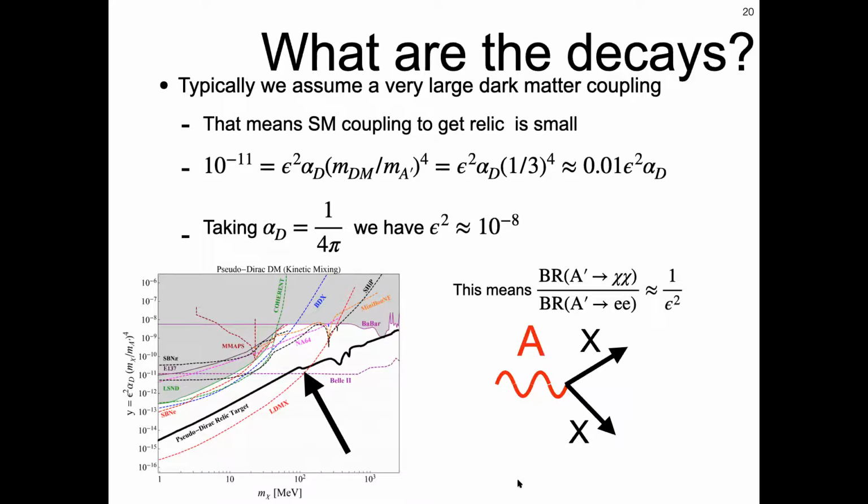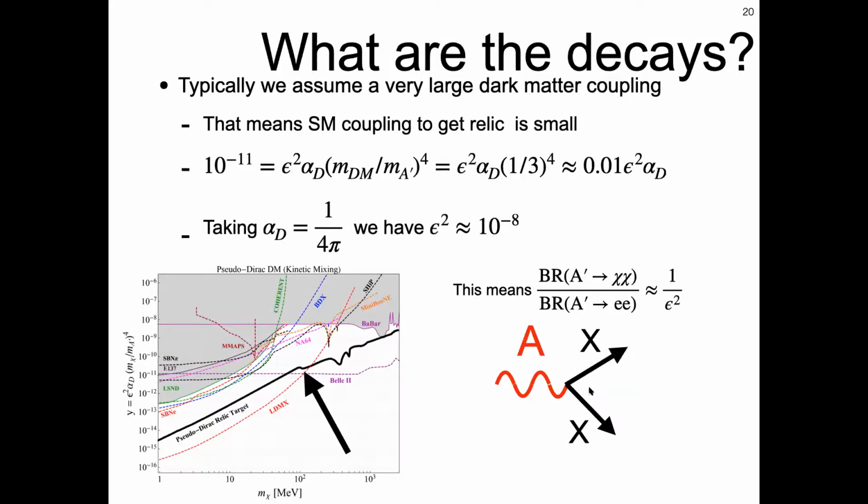That also means that the branching ratio of a dark photon to dark matter, divided by the branching ratio of a dark photon to matter, let's say electrons, is going to be roughly 1/epsilon squared. So if epsilon is 10 to the minus 4, you're 10 to the 8th times more likely to decay to dark matter. So you'll get a prompt decay to dark matter.